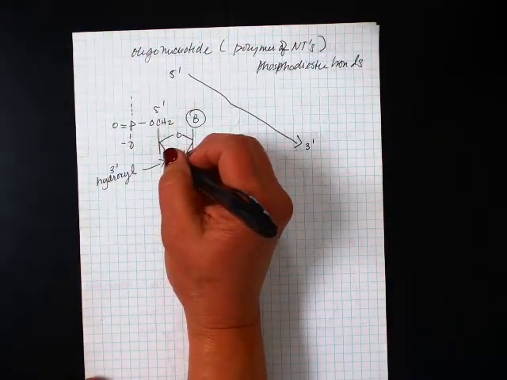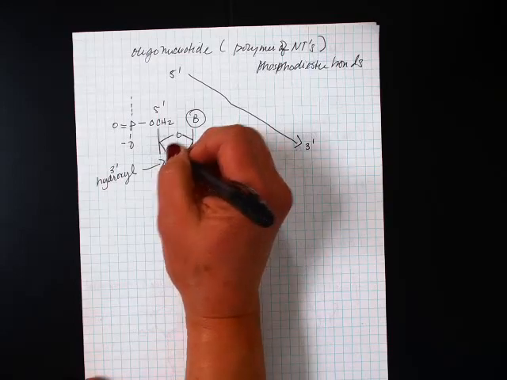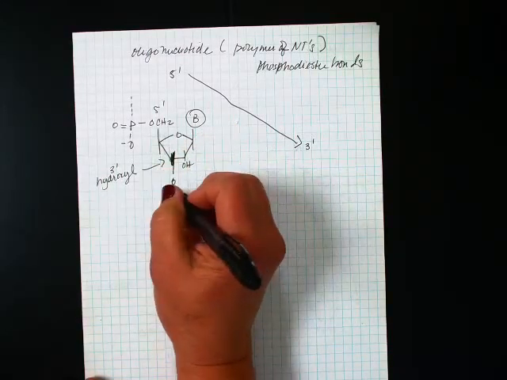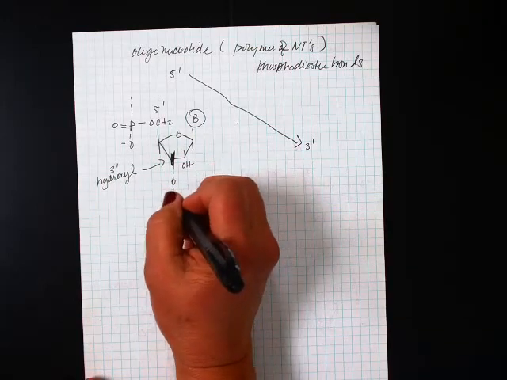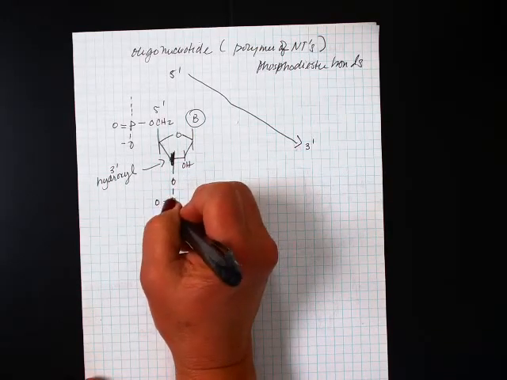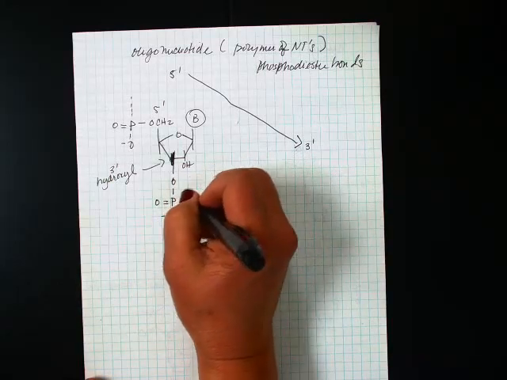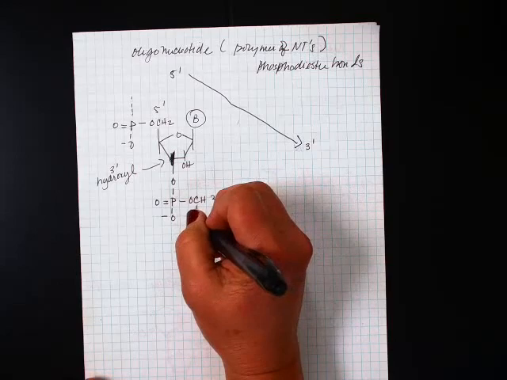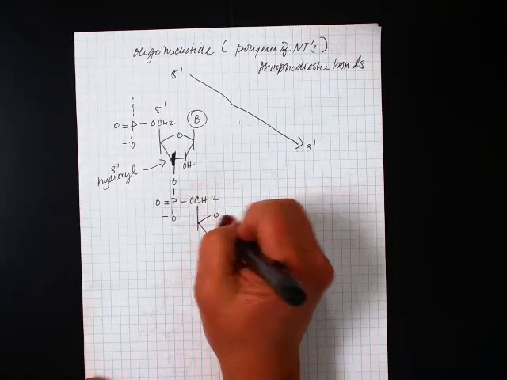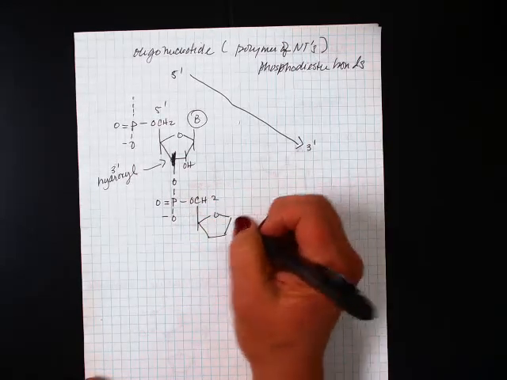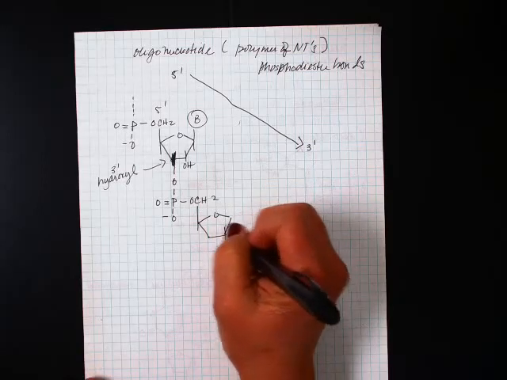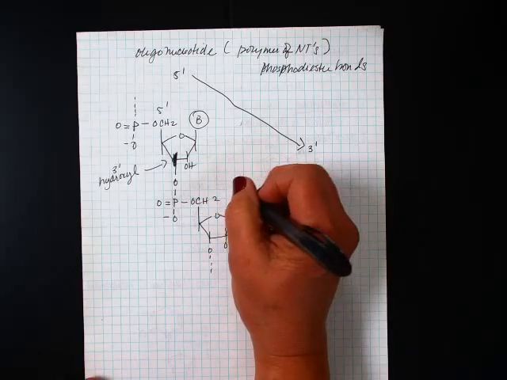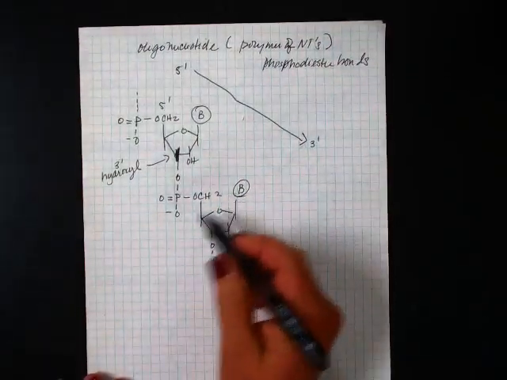That's the O from our hydroxyl group. And then, of course, our second base. And then this linkage just continues to go in that angled direction.